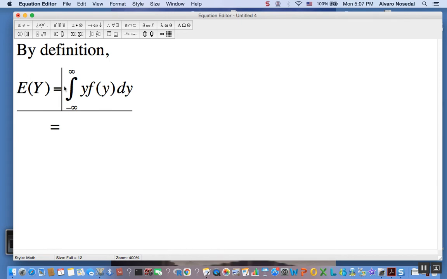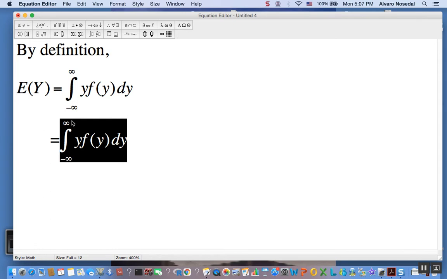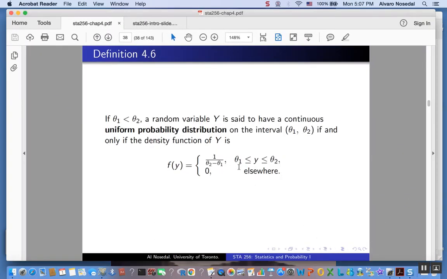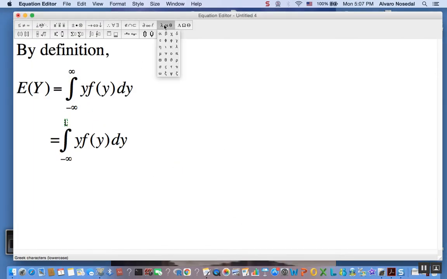So what we have here is this: between negative infinity and theta 1, we have 0. You guys agree? We have nothing there.